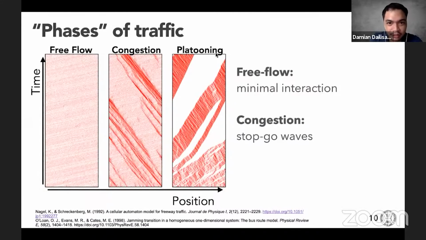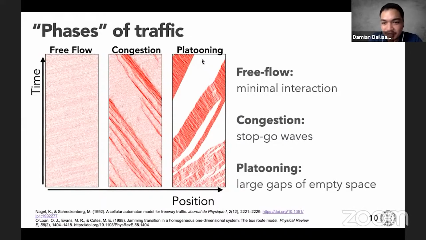And then with the addition of buses, you have this third phase, which is called platooning. So in platooning, you have this characteristic image where you have large gaps of empty space appearing between different platoons of vehicles.